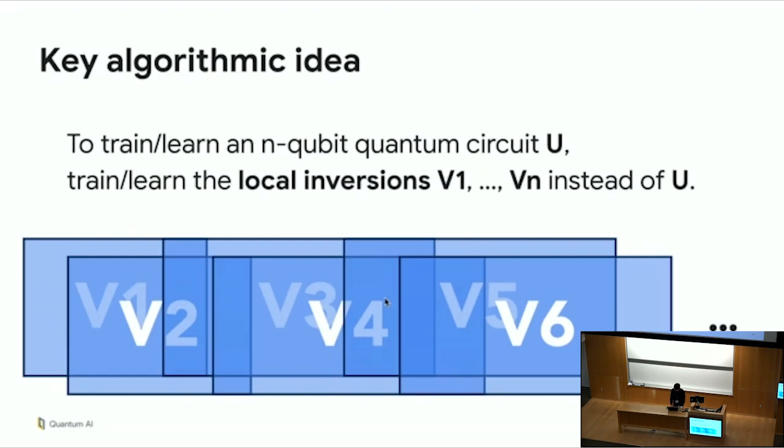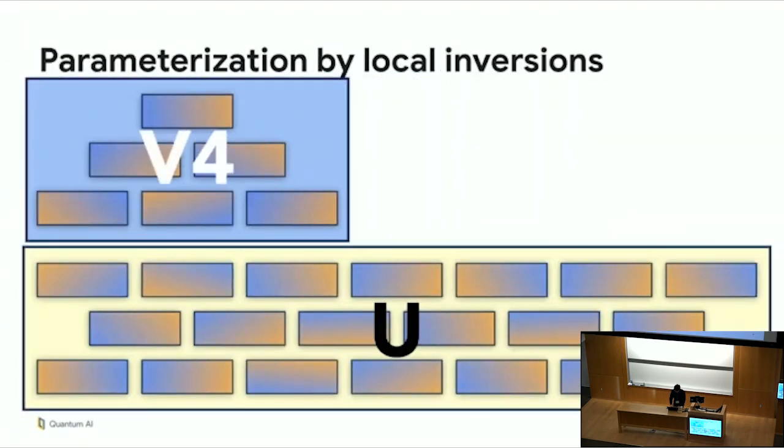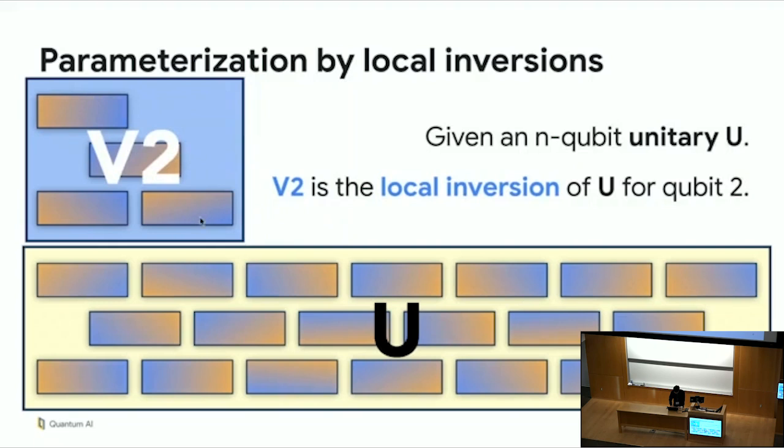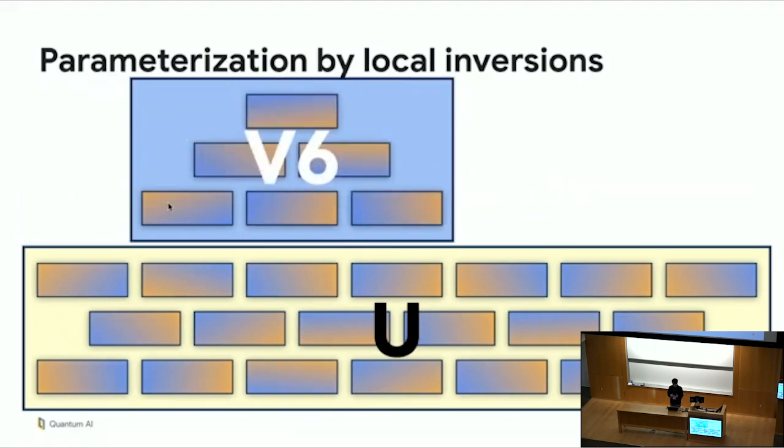If we go back to the definition of local inversions, note that in V3, in V4 there's this gate that also appears in V3, and also appears in V2, and also appears in V1, as well as V5 and V6. Now that gate is being over-parameterized, and is being used in all of them. So one way to think about this is that it's a way to over-parameterize things so that things don't become frustrated.